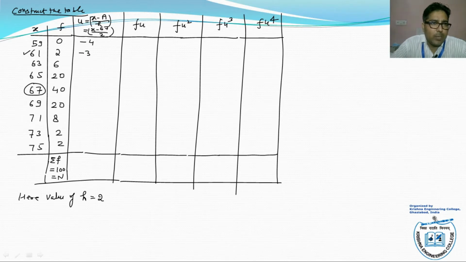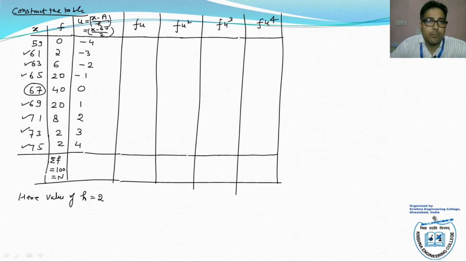The value of u corresponding to 63 becomes minus 2. The value of u corresponding to 65 is minus 1. The value corresponding to 67 is 0. The value corresponding to 69 is 1. The value corresponding to 71 is 2. The value corresponding to 73 is 3. The value corresponding to 75 is 4.